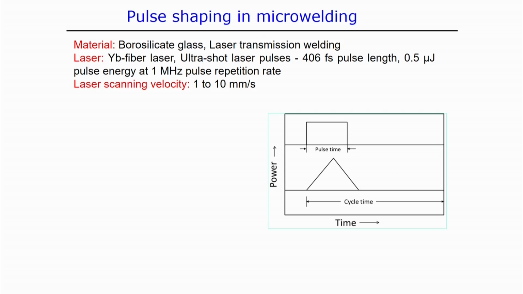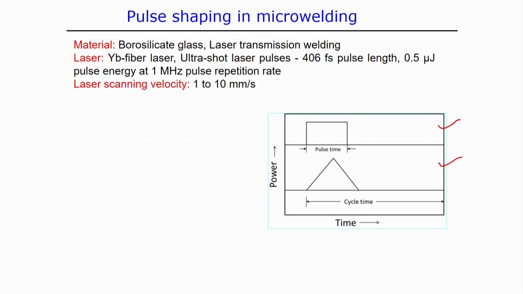The pulse repetition rate, or frequency, is 1 megahertz, and the laser scanning speed is 1 to 10 millimeter per second. In this case, two different shapes of the pulse have been considered, one is a rectangular pulse, another is a triangular pulse. In these two cases the pulse energy is the same, but the geometric shape of the pulse is different.